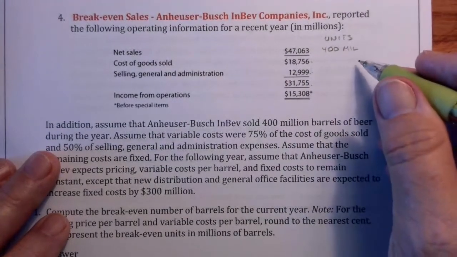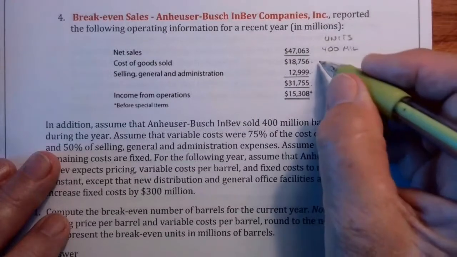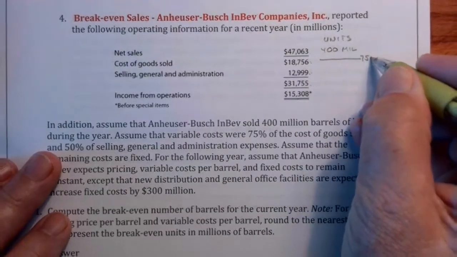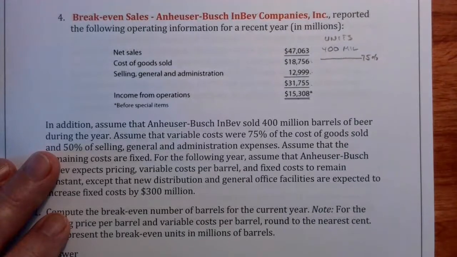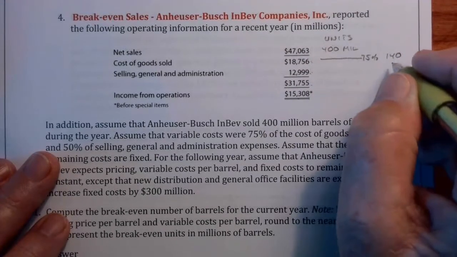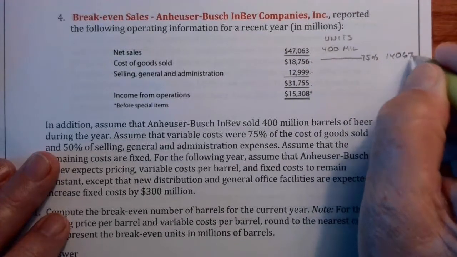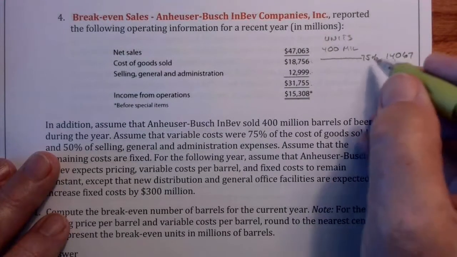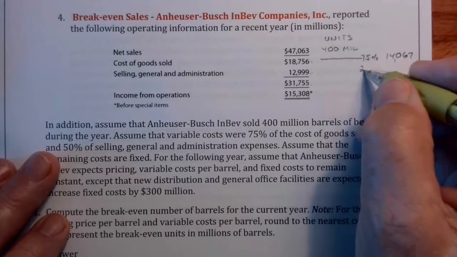Assume that variable costs were 75% of the cost of goods sold. So it's 18,756 times 75%. That gives me 14,067 as variable cost, and that would mean that 25% would be fixed.